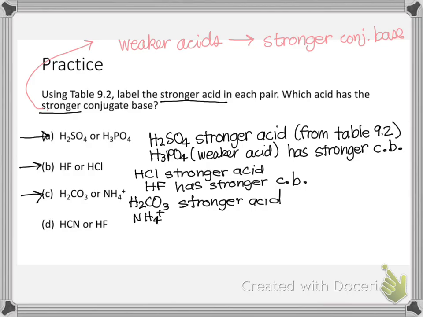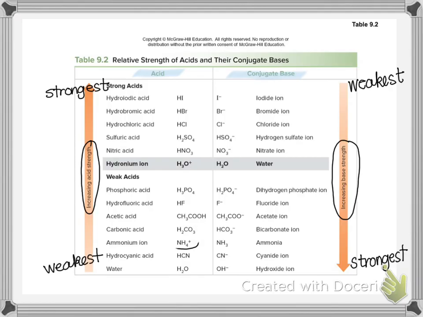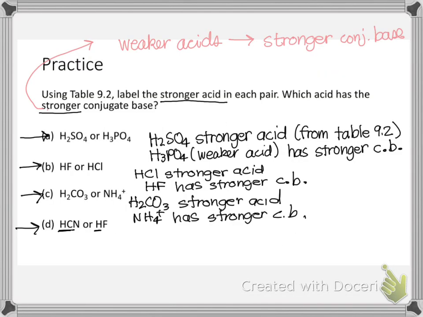So NH4 plus has, of the two, we're just comparing the two, the stronger conjugate base. Okay, and letter D, HCN and HF. So HF is higher on the table. So that means HF of these two is the stronger acid. And HCN has the weaker conjugate base.